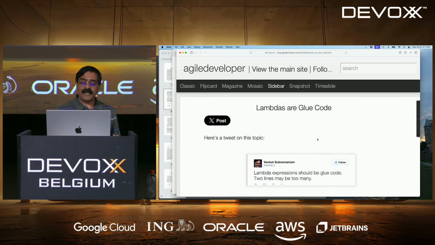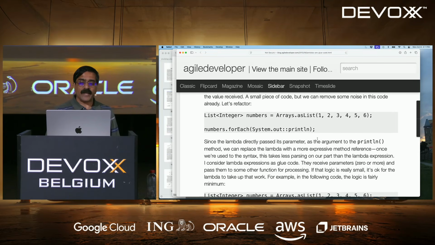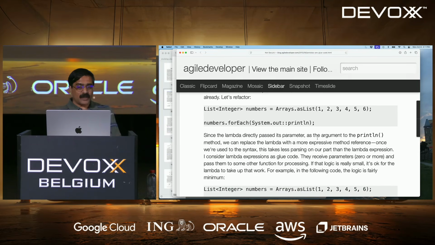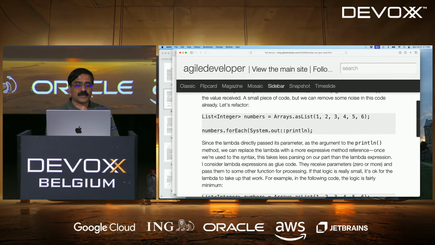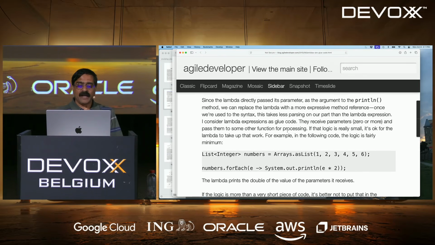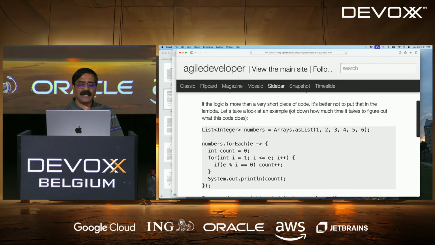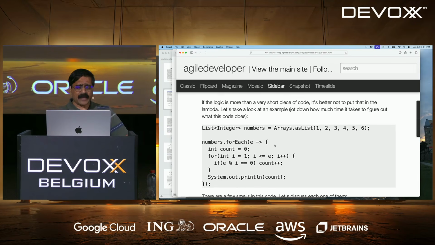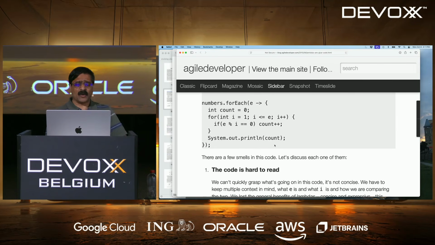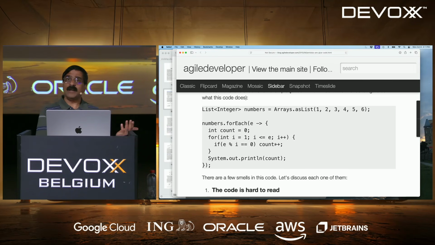When you write multi-line lambdas, it becomes really hard to communicate. As you can see here, there's a nice method reference. But if you were to write a lambda like this, you completely lose the benefit of writing lambdas, because you've got to stare at it and say, oh, what does this do? That becomes really hard to understand, and you cannot easily change that into a method reference.